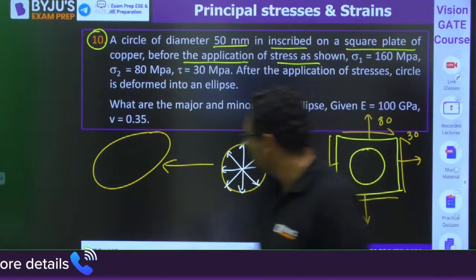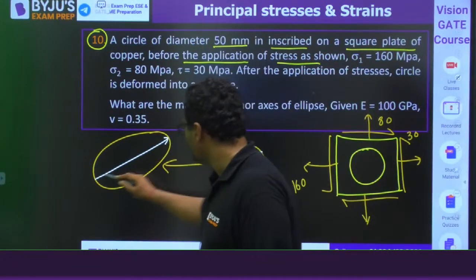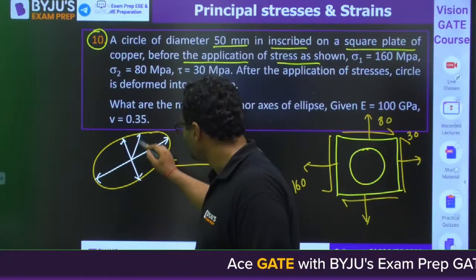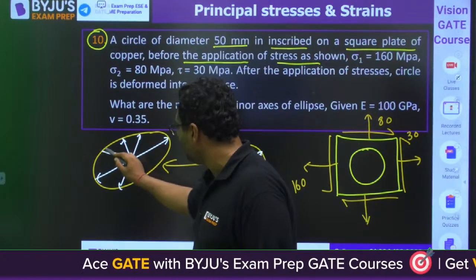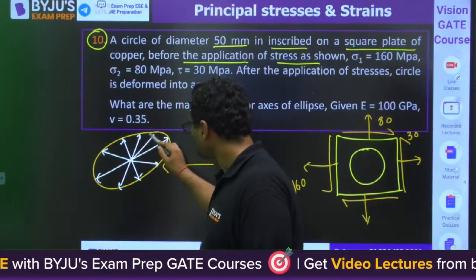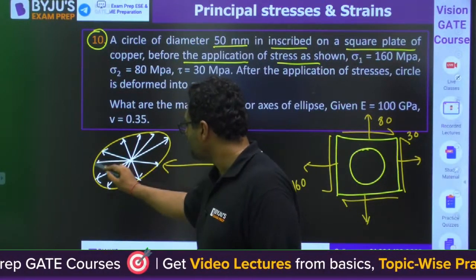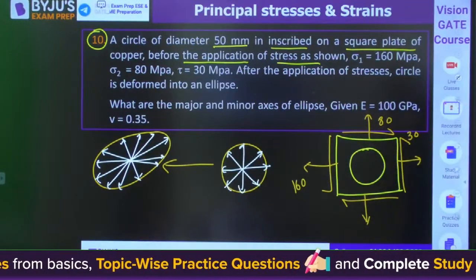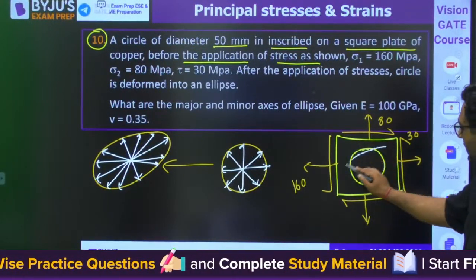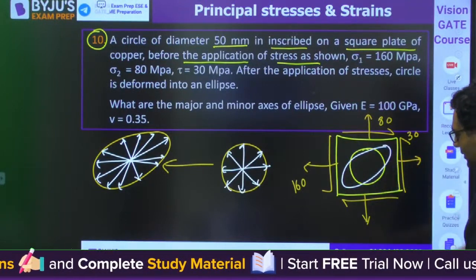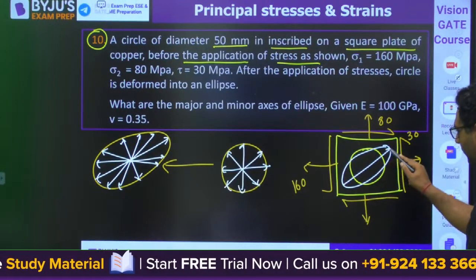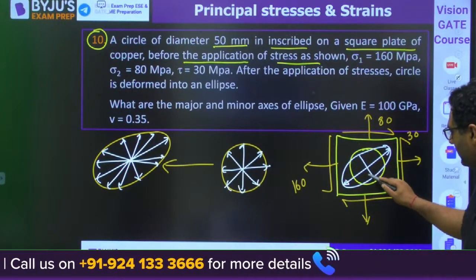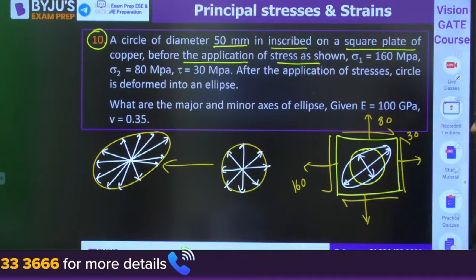But in an ellipse, this is the major dia, this is the minor dia, and all other dias lie in between. In the question they are asking us the major and minor diameter. If this circle takes the shape of an ellipse, the major dia will come at the maximum principal plane, and the minor dia will come at the minimum principal plane.